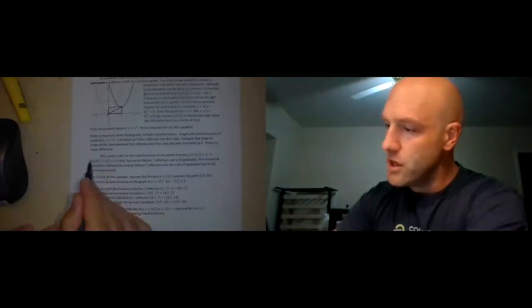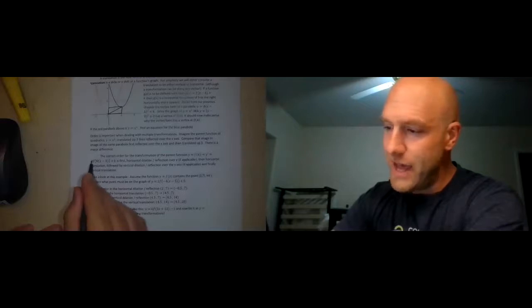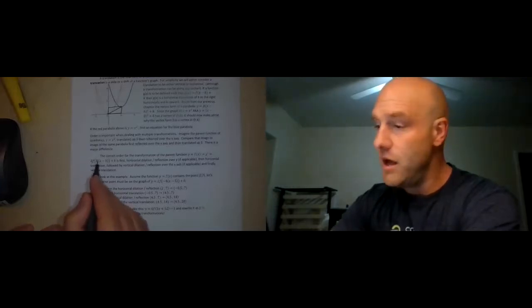In this paragraph down here, which hopefully you read through, we do point out a function with all of those possible transformations. If a is negative, that is a reflection over the x-axis and a vertical dilation by a.